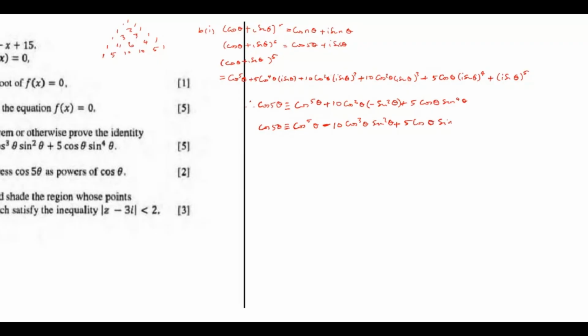That is using the DeMoivre's theorem, but you have to take note the question was saying "or otherwise". So if we are to use the otherwise part, it simply means we are going to have our cos 5 theta, which is equal to cos of theta plus 4 theta.